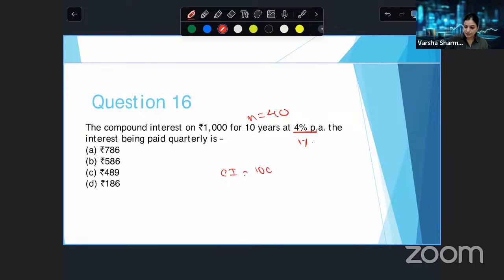Compound interest, principal, compounding value 1.01 raised power 40 minus 1. 488.86, 489.